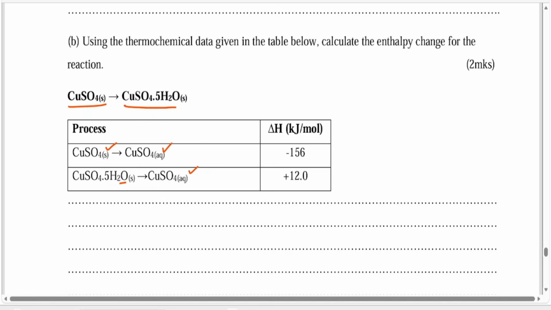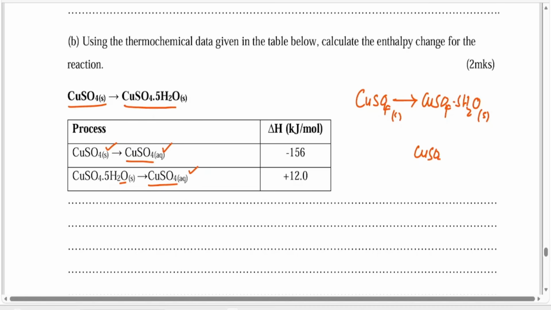So in this case, I can begin by having copper sulfate solid, and I can convert it to hydrated copper sulfate solid, and my main aim is to convert all of them to copper 2 sulfate aqueous.